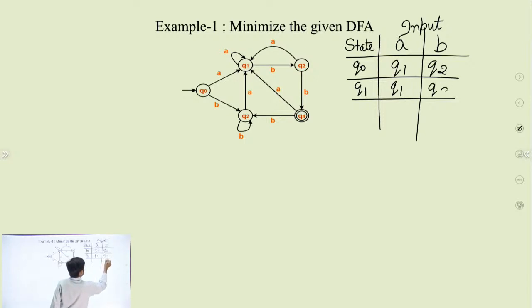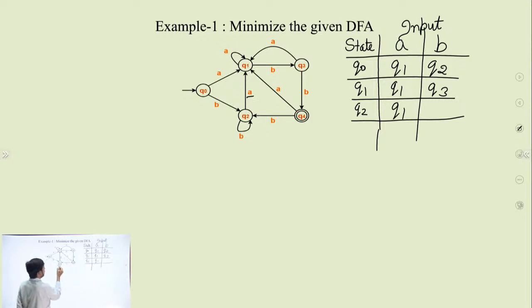So write it here. Now state Q2: Q2 on input A goes to state Q1, and Q2 on input B goes to Q2.